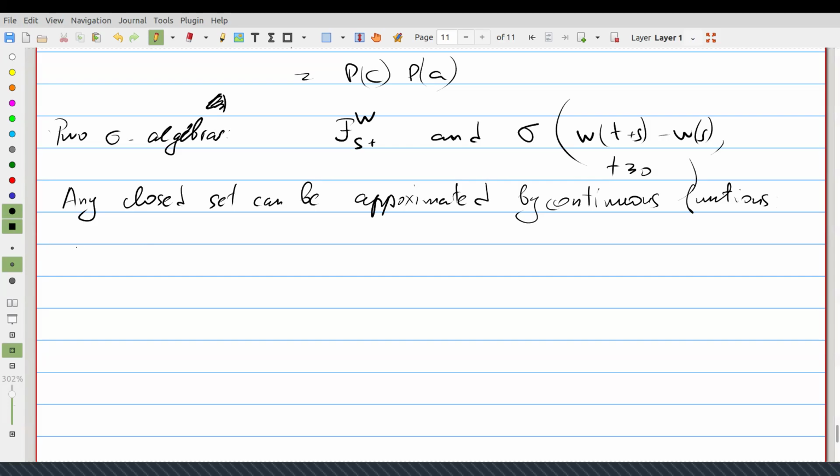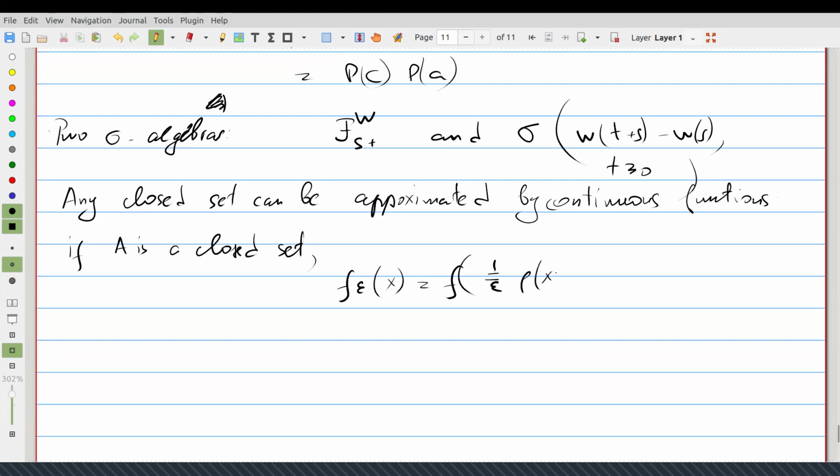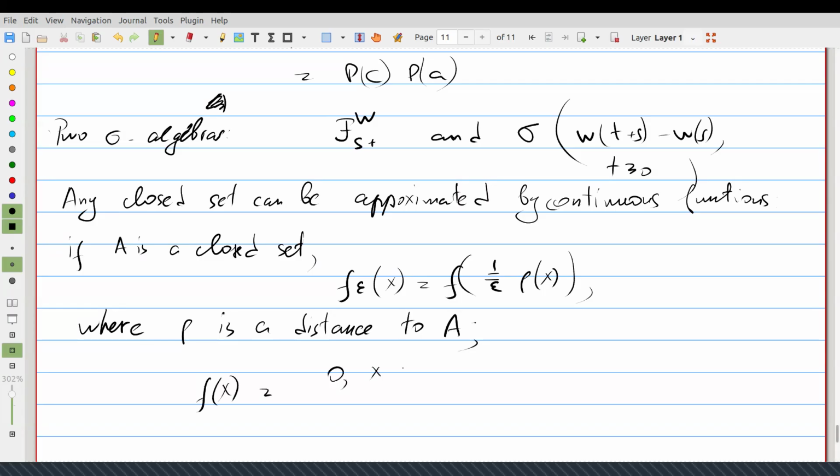So if A is a closed set, we can set f_epsilon of x to be 1 minus rho of x, where rho is the distance from x to A. We already considered such expressions, and f of x is just such a function.